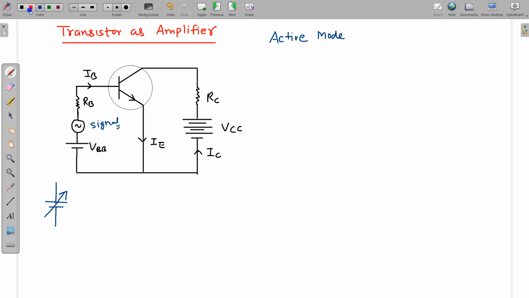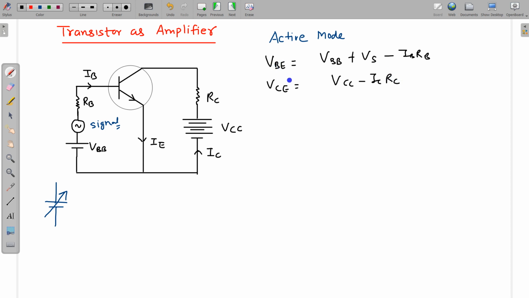As we have already written previously, I am again writing the equations. VBE equals VBB plus VS, some signal voltage, minus IB RB. And VCE, this is some kind of output, so this is VCC minus IC into RC.